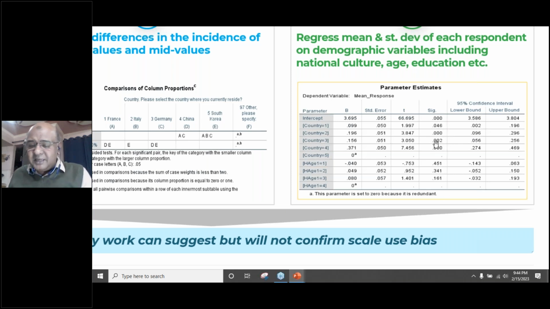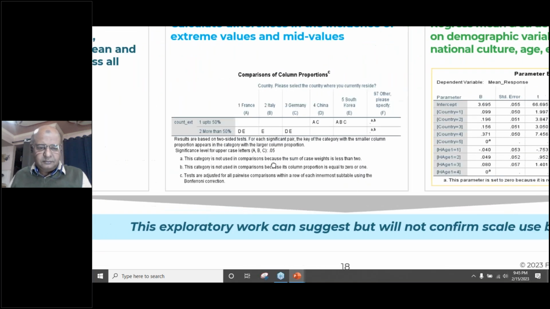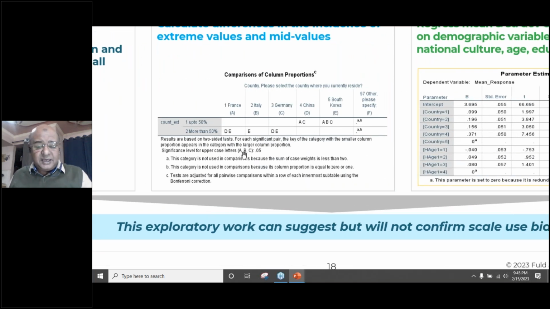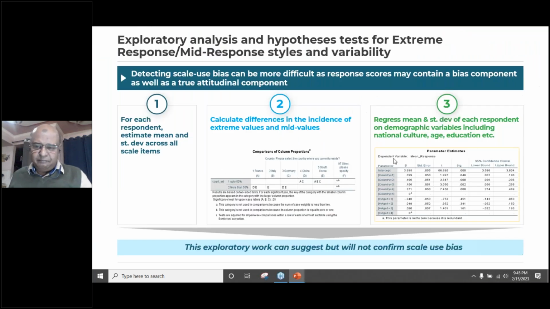This leads us to suspect that there is not only a difference in terms of extreme responses, there is actually a difference in how people are using the rating scale, with the first 4 countries using the higher ends more than respondents from the 5th country. Exploratory analysis can suggest but will not confirm scale use bias.